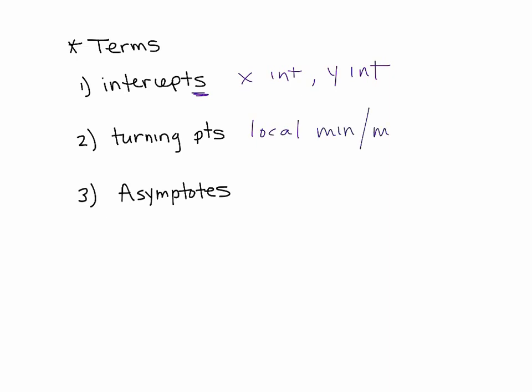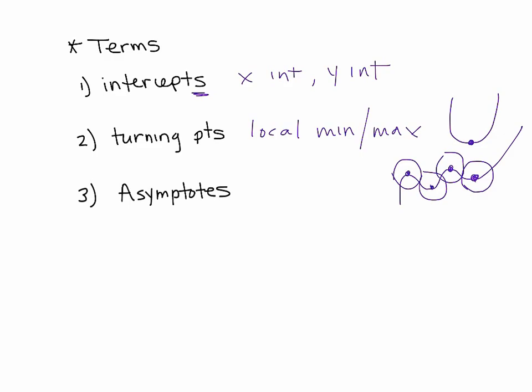So in quadratics, when we get a graph looking like this, we have a minimum in here. When we have a graph that looks similar to this guy, locally it's a minimum around here. Around here, locally, we have a maximum. Locally, we have another minimum. Locally, we have another maximum. Those are the turning points.